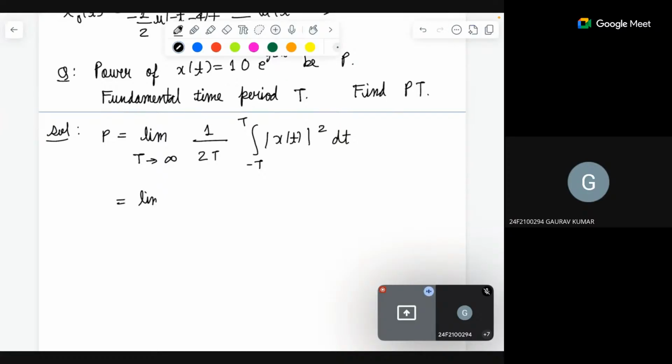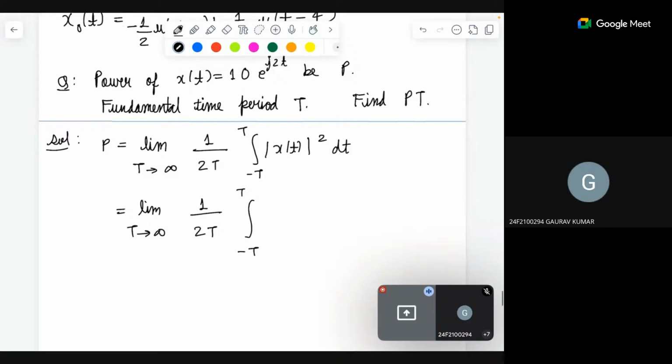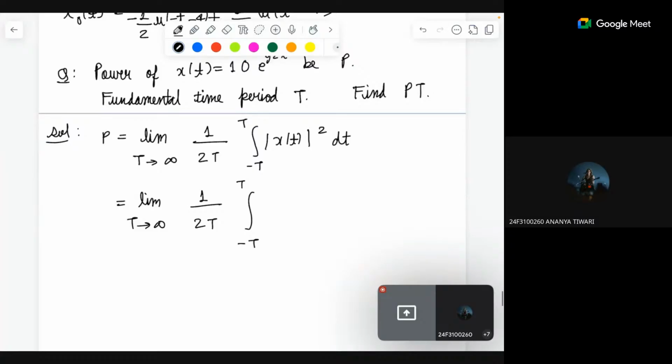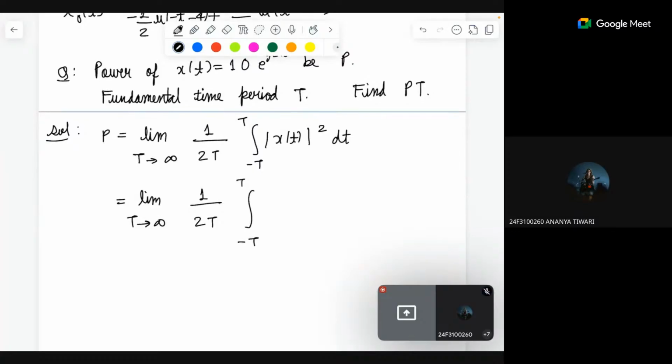I will do it step by step. The signal is x(t) equal to 10 e raised to the power of j2t. So what is the magnitude of x(t)? 10. Ananya, are you sure that the magnitude is 10? Yes, ma'am. So I will do 10 squared dt.